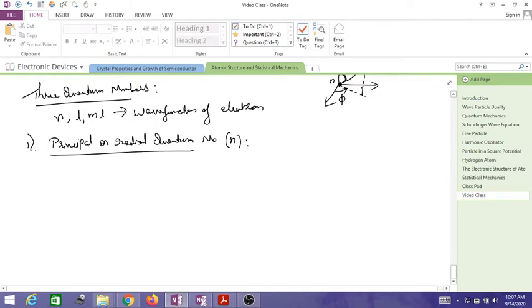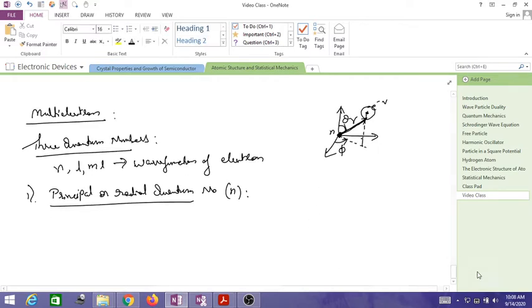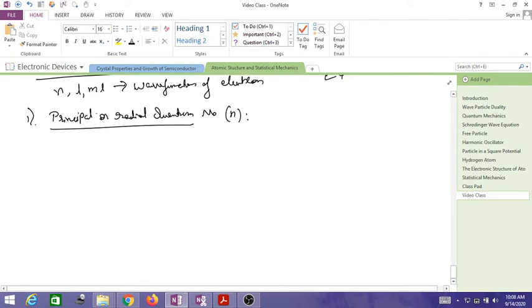The principal or radial quantum number represents the average relative distance of the electron. If this is the electron and this point is the nucleus, then the average distance between the electron and the nucleus is represented by the principal quantum number. It also represents the energy level of the electron.